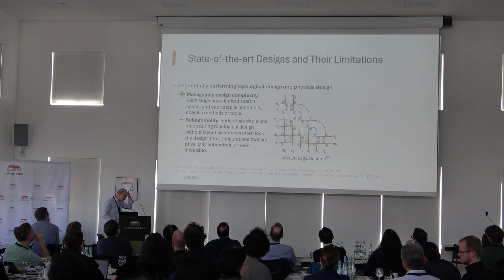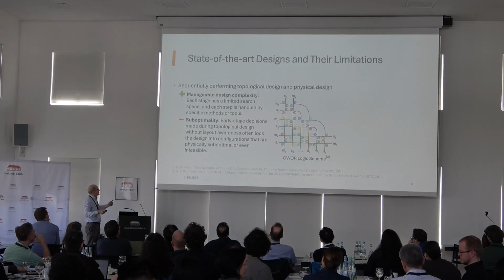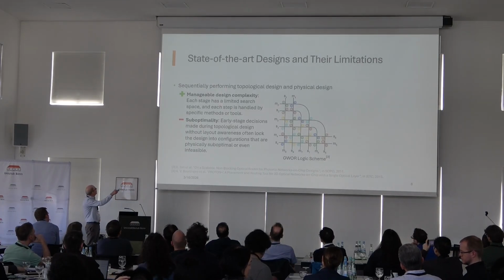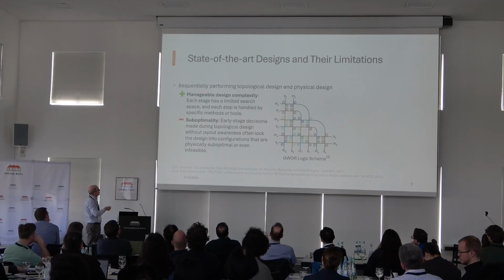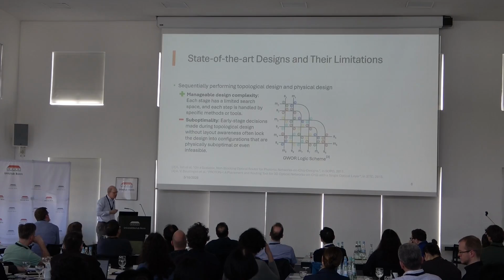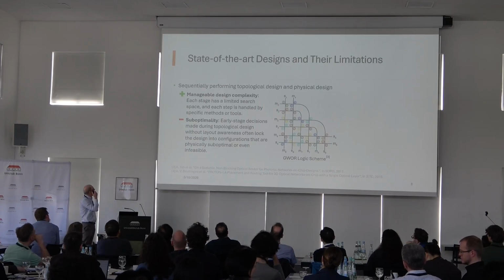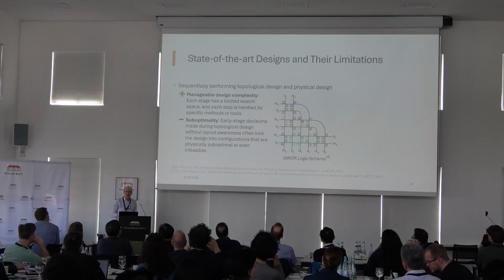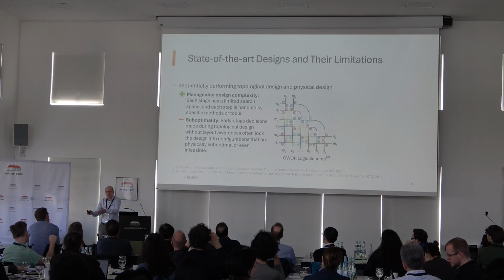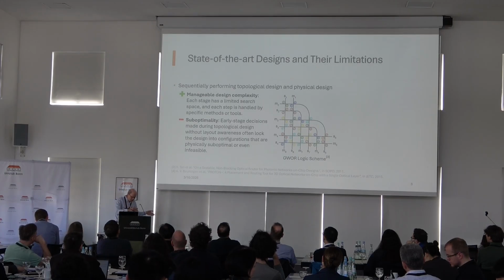And the traditional approach is, as I said, separation of concerns. First we do the topological design, sequentially followed by the physical design. The advantage of this is the design complexity can be managed. The disadvantage is that the topological design does not know about physical design, so it may make decisions which are then not very suitable for the physical design.